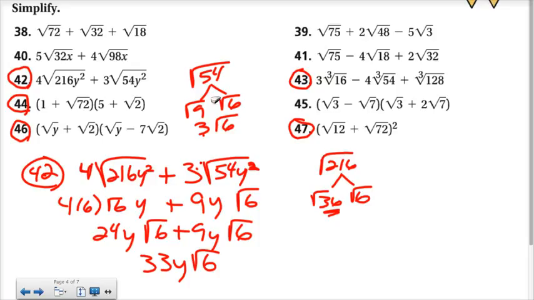Then we want to stop and think, and I know it's already done a lot on this problem, but we need to think about whether or not we need the absolute value bars. And in this case, when you go back to the original, you'll see that y was squared underneath both of these radicals. And that means only positives were going to come out of this.